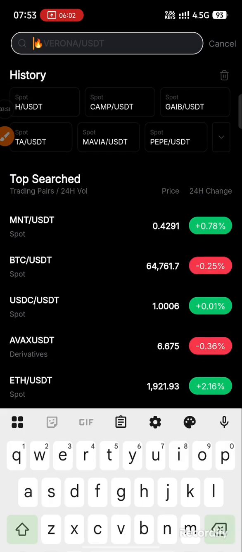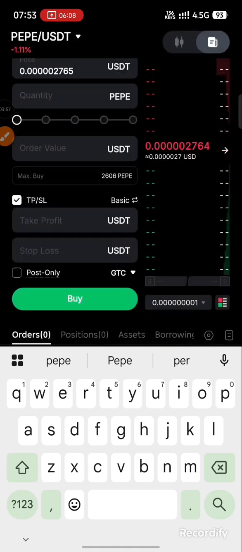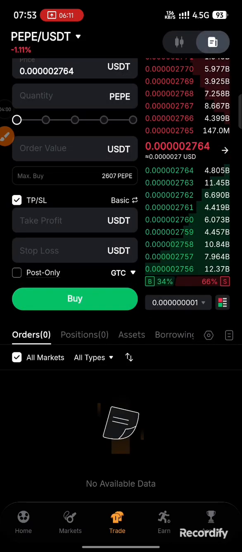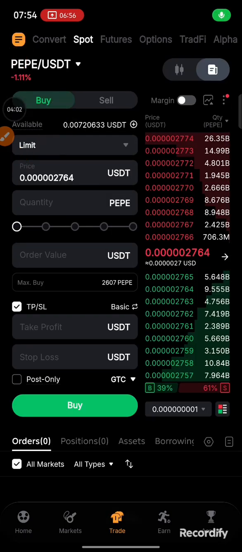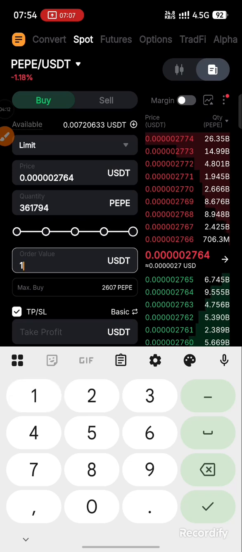So on that occasion, we're going to look for a particular coin that has a lot of zeros, which is why we are going to use this paper coin. Coming to this paper coin now, we're going to use 1 USD as we prepared from the beginning.